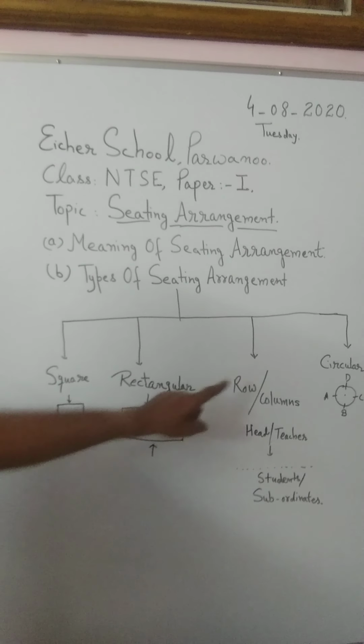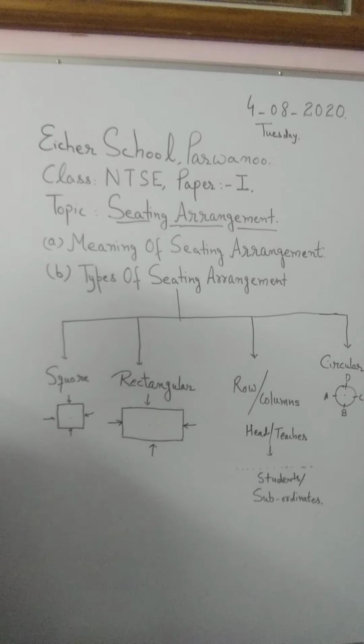The third one is row and column. This concept is used when a senior teacher or a head of the department or a head of the institution is sitting in front of his colleagues, his teachers or students.